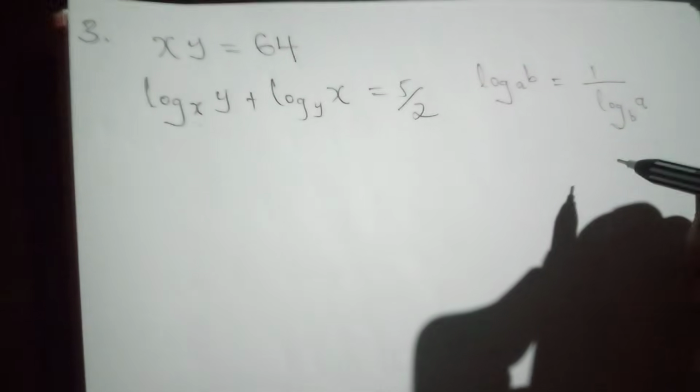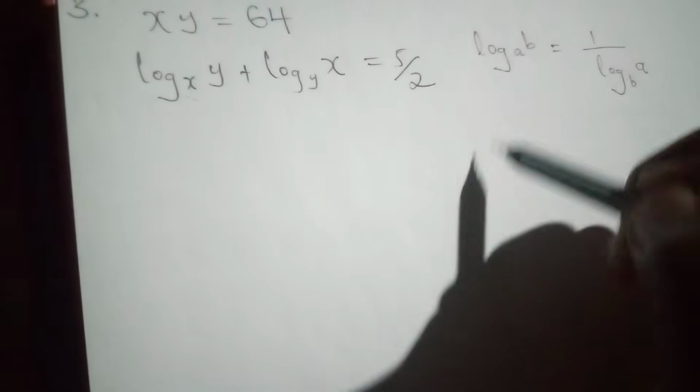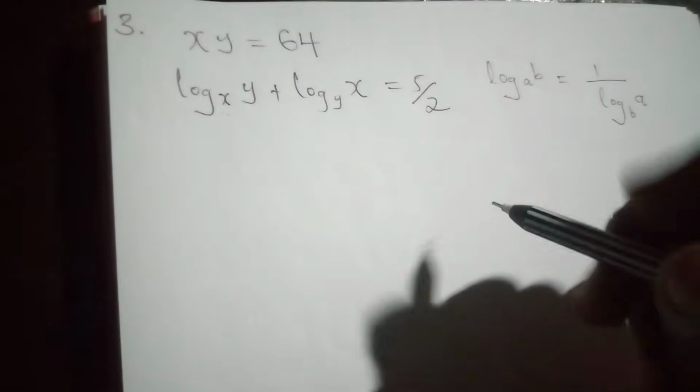So make sure you know this property of changing of bases. So that is log base x of y plus 1 over log base x of y is equal to what? 5 over 2.